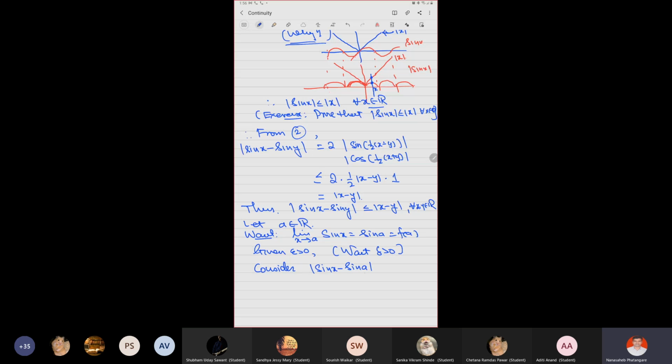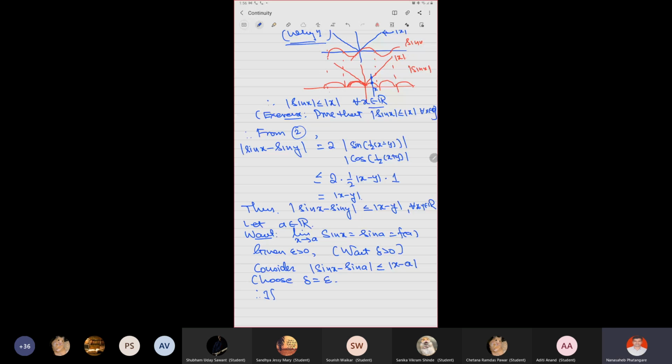We want to prove that the limit of sine at a is sine a, but by the previous inequality, the absolute value of sine x minus sine a is less than or equal to the absolute value of x minus a, right? And therefore what is delta? It can be epsilon. Right, so choose delta the same as epsilon.